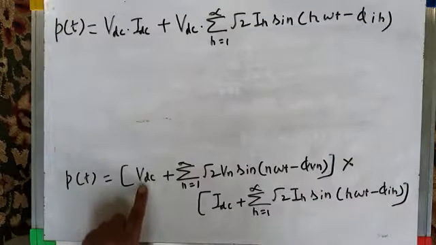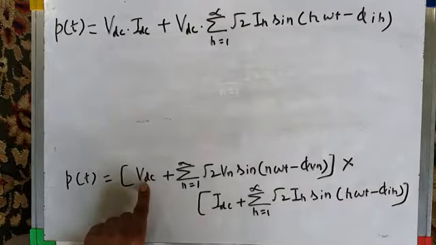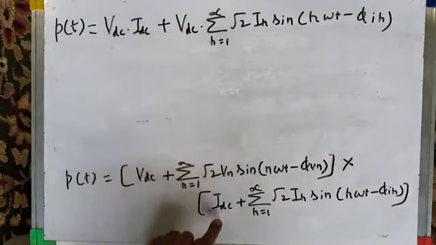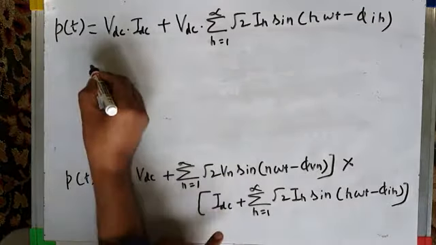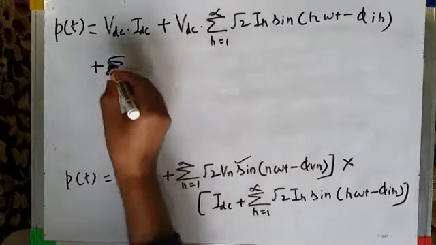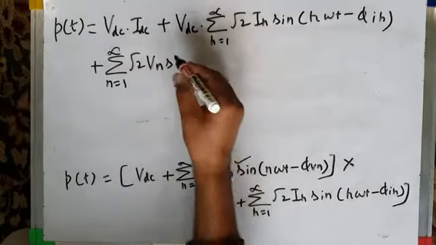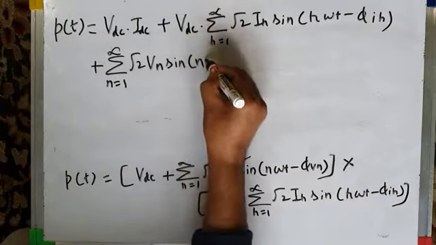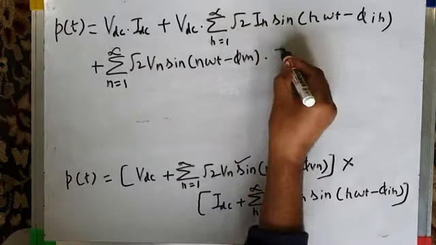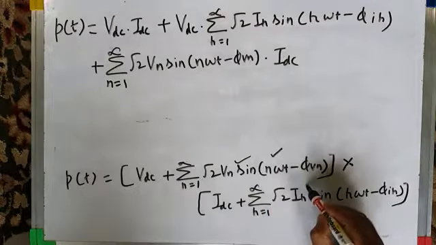This is the instantaneous power term which we have got by multiplying VDC with the second term of the current. Then the second term of voltage you have to multiply with the first term of current. So I will write here plus summation n = 1 to infinity of root 2 Vn sin(n omega t minus phi Vn) into the DC component of current, IDC, and then multiplication of this term with this term.